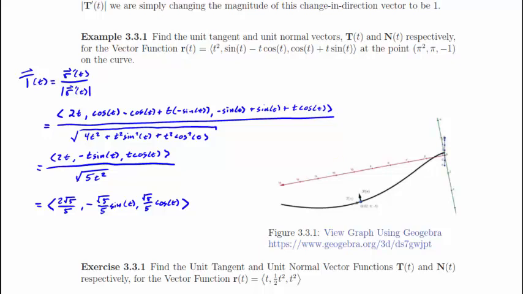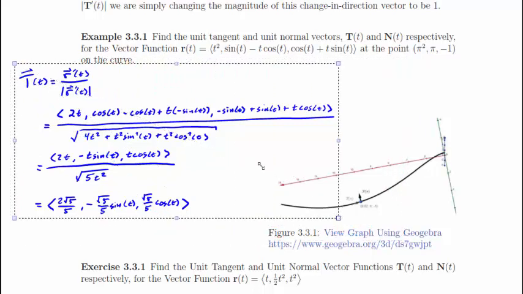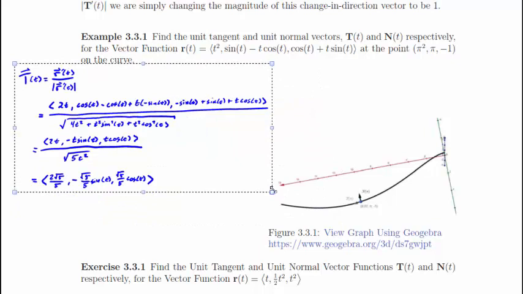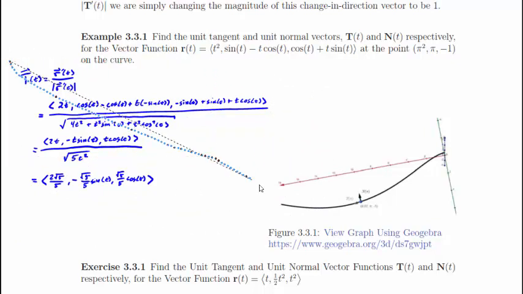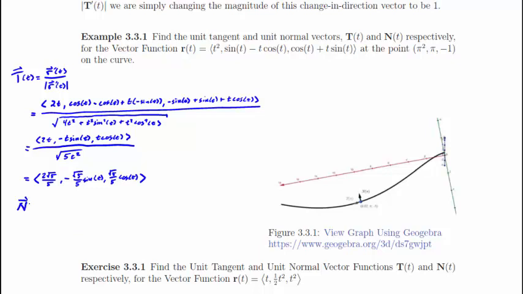I'm going to need a little bit more room to work out my unit normal function, so let's just squeeze this stuff together here. Okay, so to get my unit normal function, I'm going to say capital N of t equals capital T prime of t over the magnitude of capital T prime of t by definition.